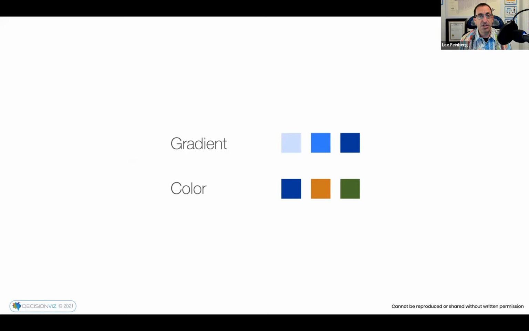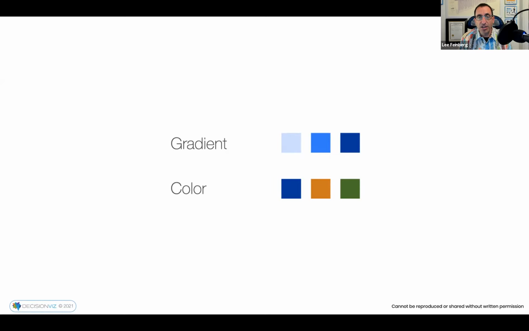And I want to make a clear distinction when I say color. It's really two things. One is a gradient, and a gradient means either shades of a single color or multiple colors.